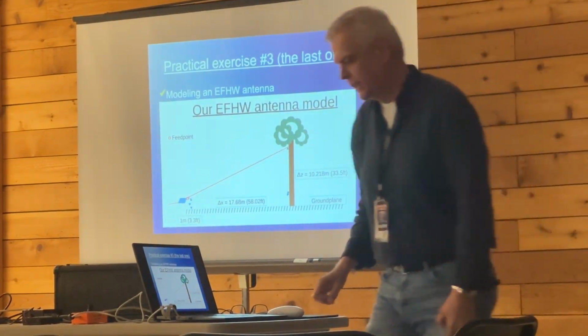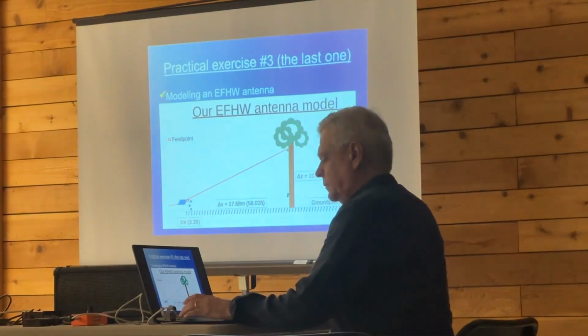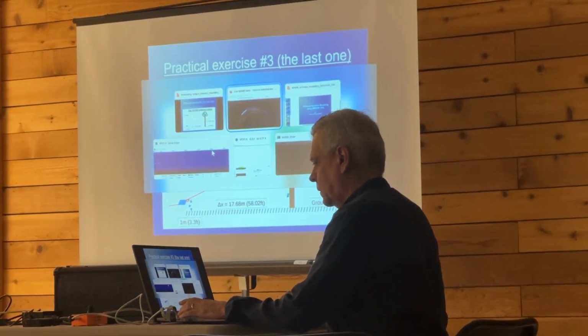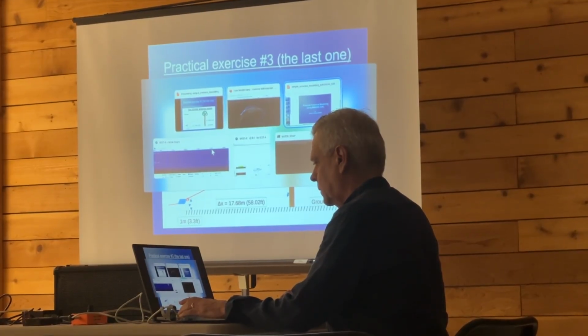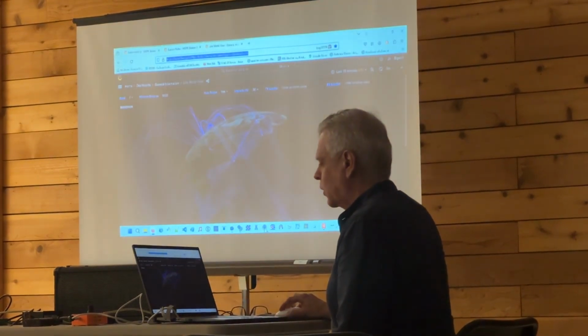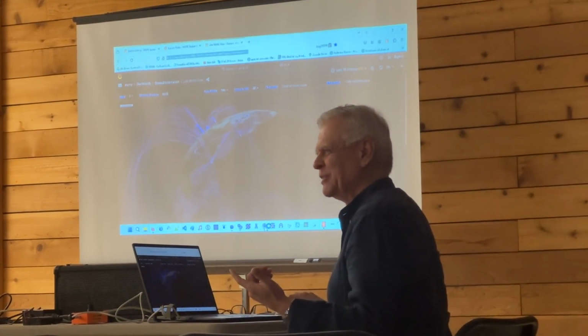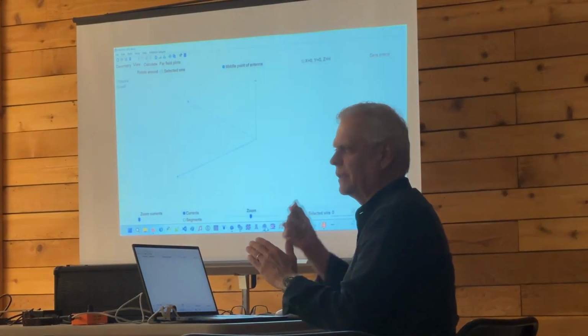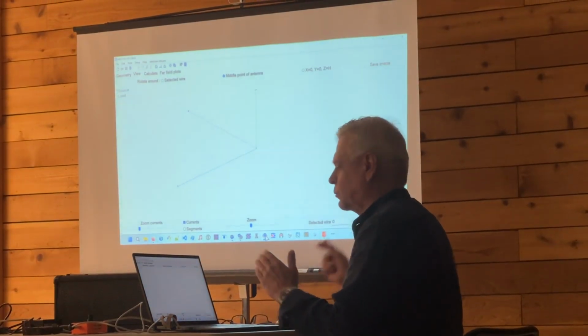Let's do that in MMANA-GAL. We're on purpose starting from zero by launching the program, just to see that once you do one or two of these, it's rote, right?